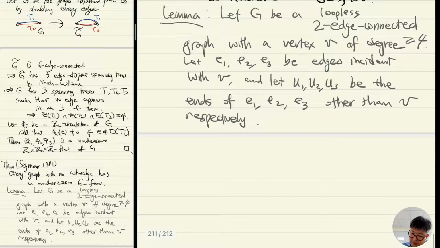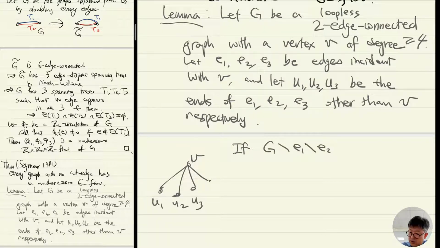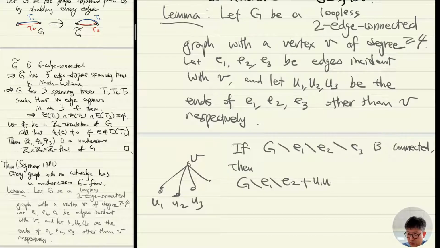So what's the situation? You have a vertex v of degree at least 4. You have three vertices u1, u2, u3. And what we want to do is find a shortcut. If G delete e1, e2, e3 is connected, so when you delete all three, if that is connected, then G delete e1, e2 and add u1u2, or G delete e2, e3 plus u2u3 is 2-edge connected.